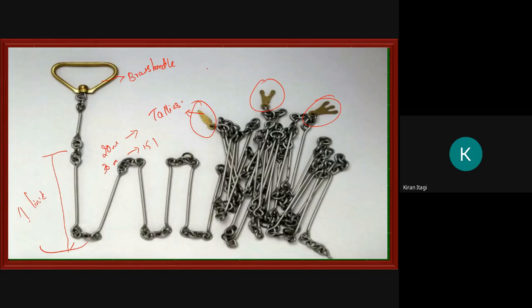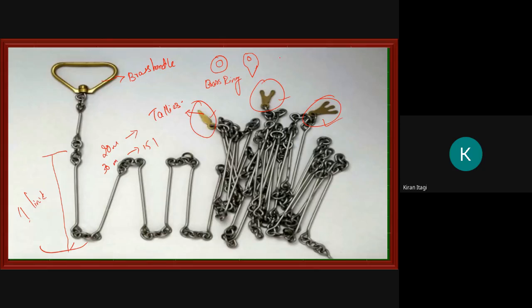Suppose we have tallies like this one. We will call this a brass ring. Sometimes these tallies, you can see, are not all in the same shape. They are different, so consider from one to another.